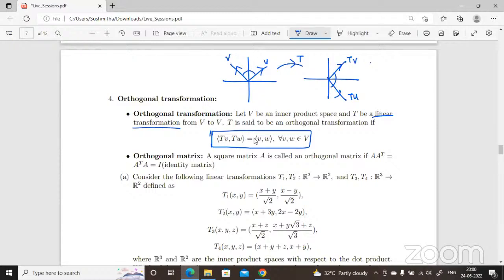You can just keep this in mind: inner product is preserved. The inner product of the output vectors is equal to the inner product of the input vectors. If this happens, then it is an orthogonal transformation.